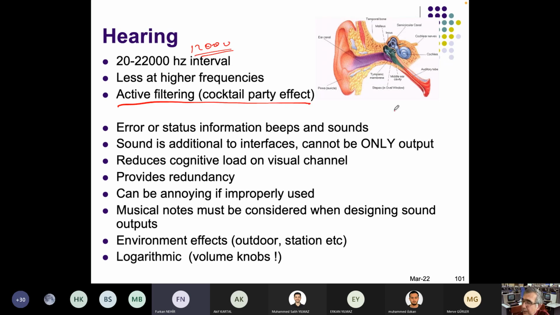That is done by having multiple microphones in the human head. So you have these ears, like an array.